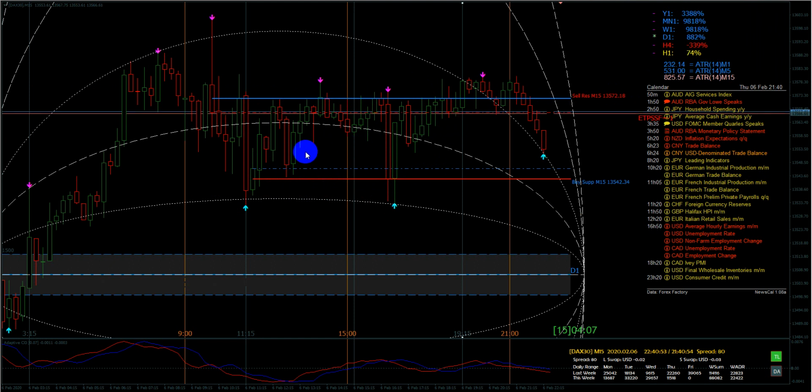It would be maybe one trade, another trade, maybe a third trade here, maybe a fourth trade, so four trades, in a situation of consolidation, and that's it.